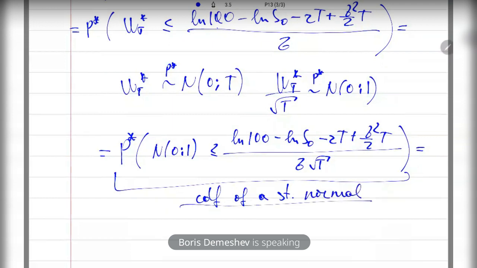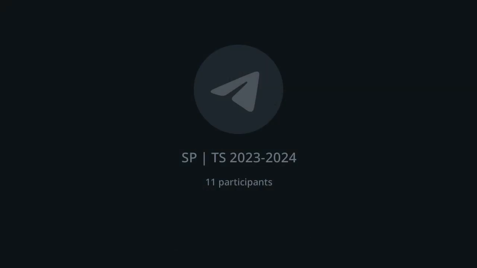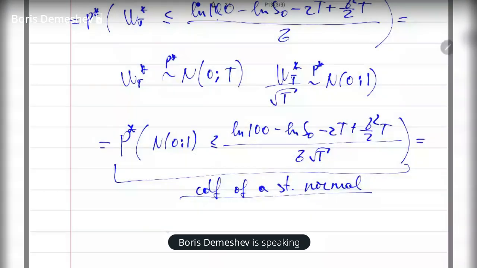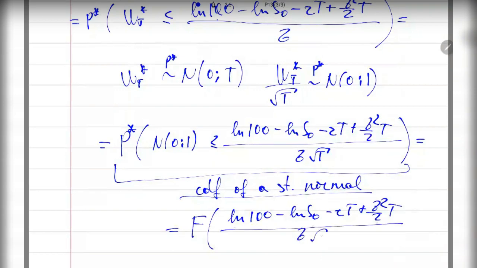The CDF of a standard normal is a known function. It's built into any software that has something to do with statistics. So we will just denote it like F of this ugly number. The number is ugly, but that's not a problem.